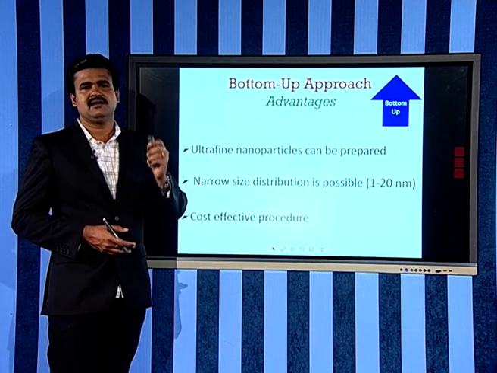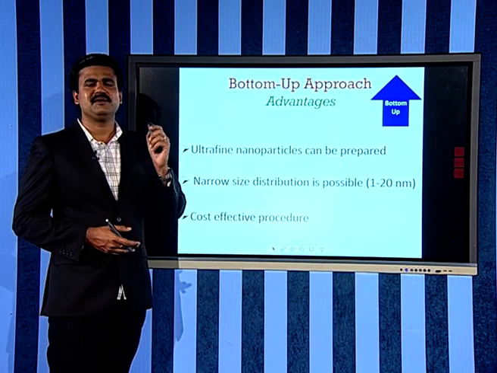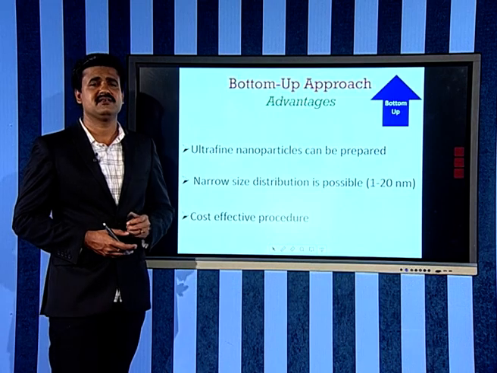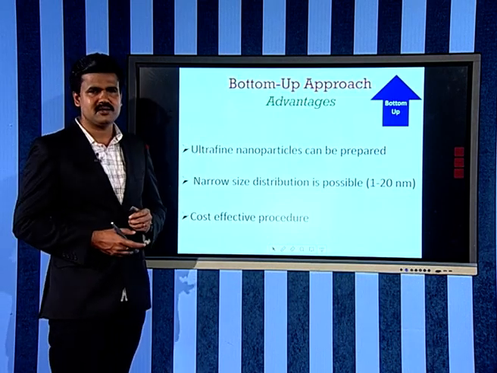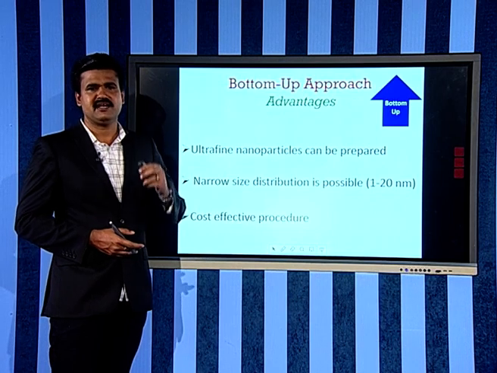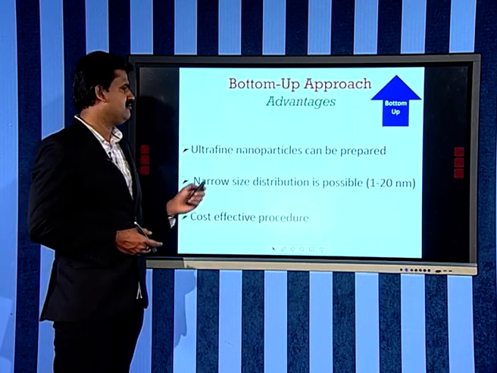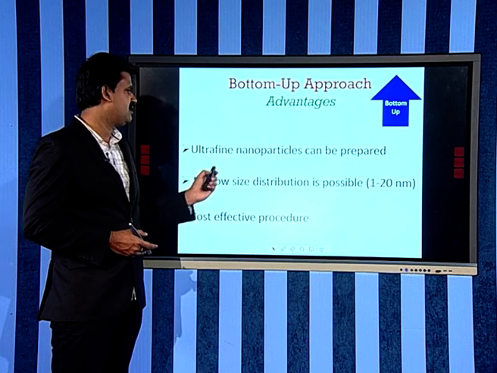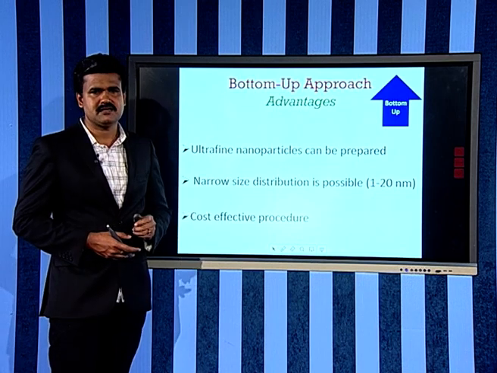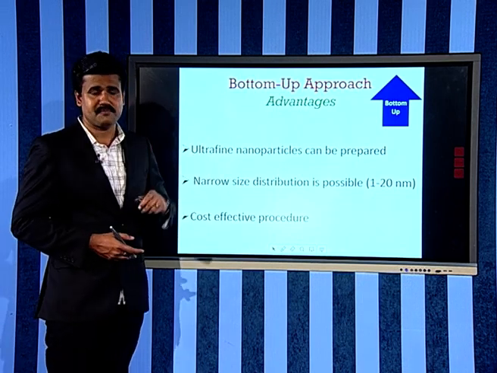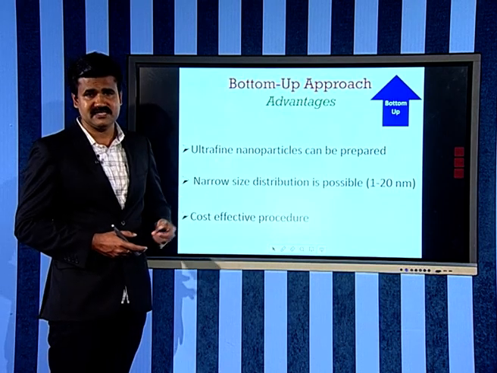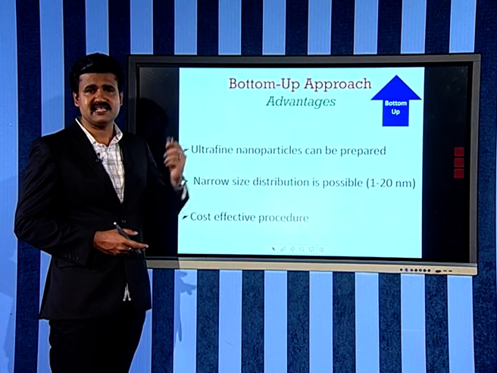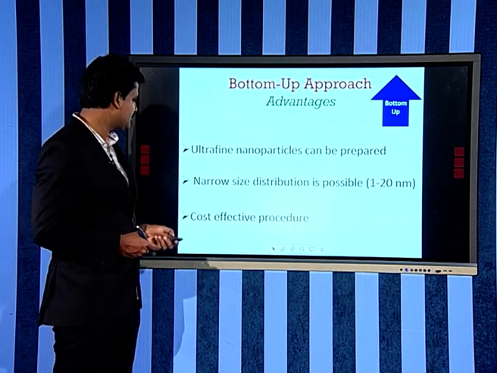Now, let us enter into the important advantages of the bottom-up approach. The advantages include ultra-fine nanoparticle formation and very small size distribution, that is, we can prepare particles in the size range of 1 to 20 nanometer, but it is very high in the case of top-down approach.